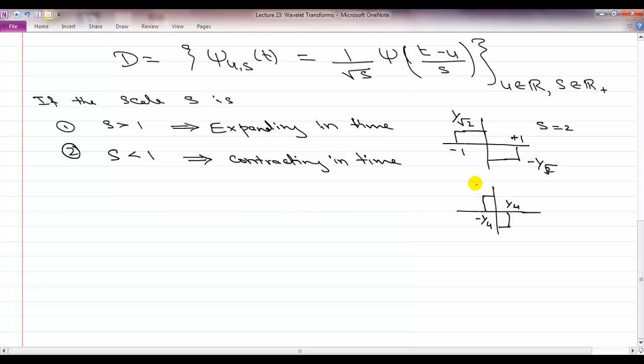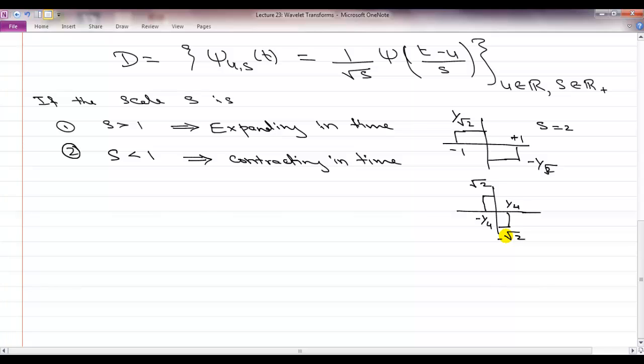And the height will become square root of 2 and minus square root of 2. Okay. So the idea is that you take your mother wavelet and you scale it at different scales. Scaling means you either are going to contract it or expand it. And then for every given scale, you shift it in time. Okay.